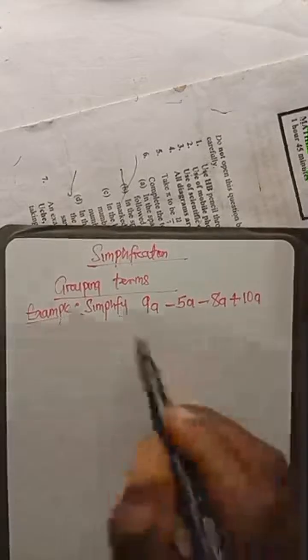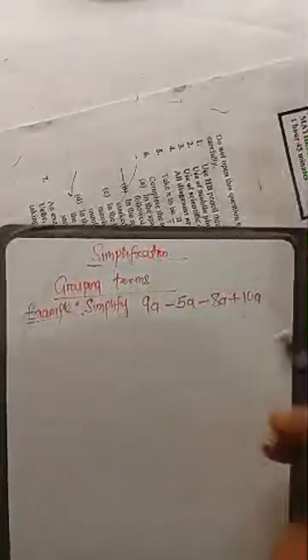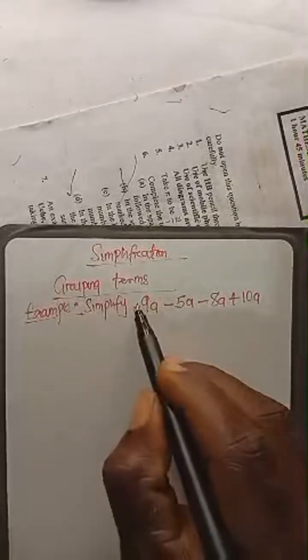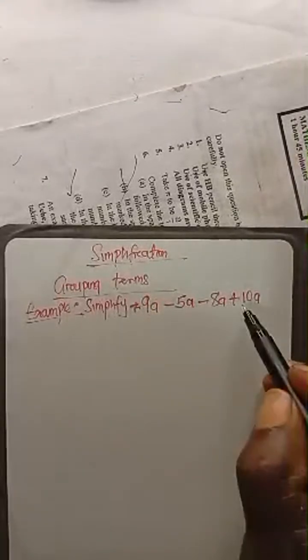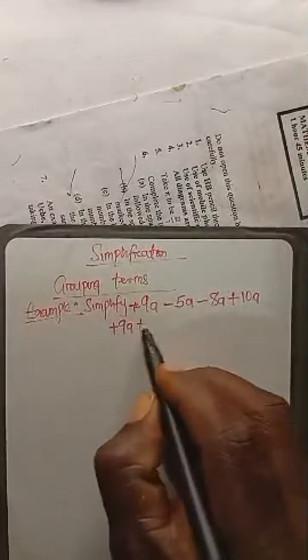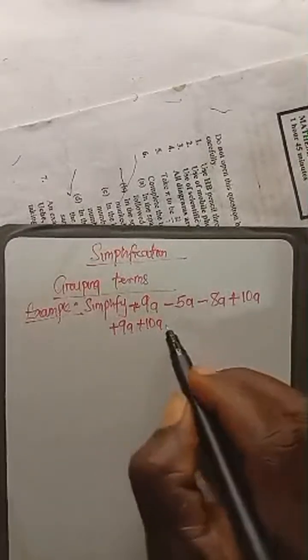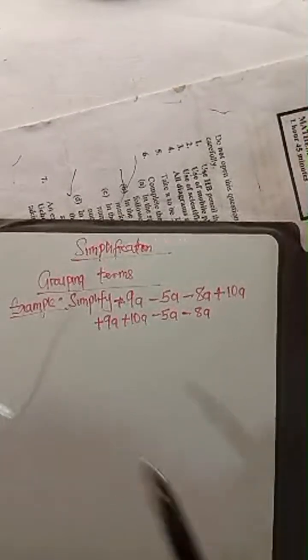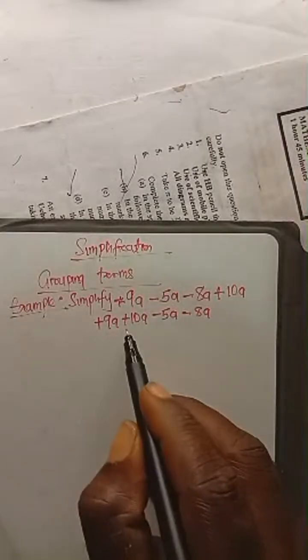Before we simplify this, let's first group it. What I mean by grouping is this: we have a plus 9a and a plus 10a, so we group the plus terms together, 10a and 9a, and the minus terms together. So therefore, this is 9a plus 10a.